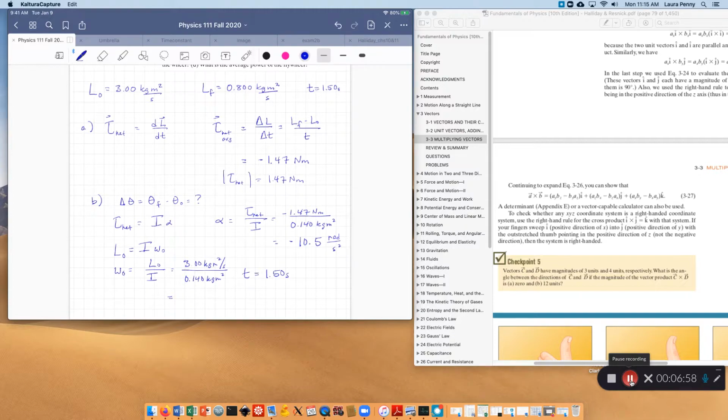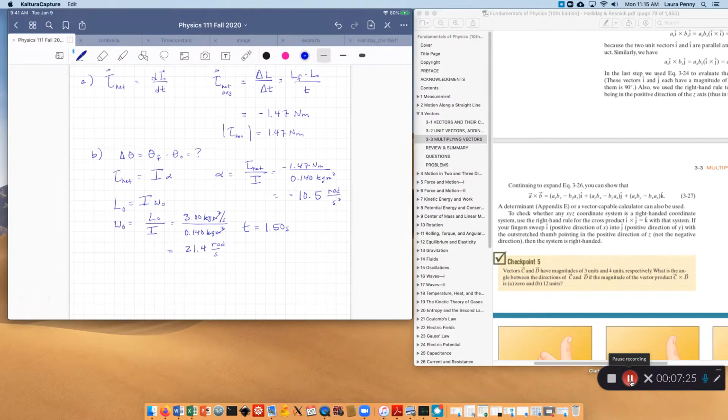And so 3 divided by 0.140 is 21.4. And again, my kilogram meter squareds go away, and I end up with a per second, but this is omega, so my units are really 21.4 radians per second.